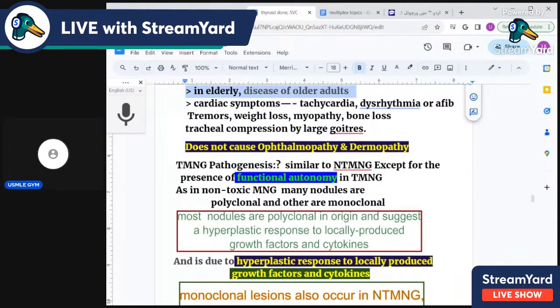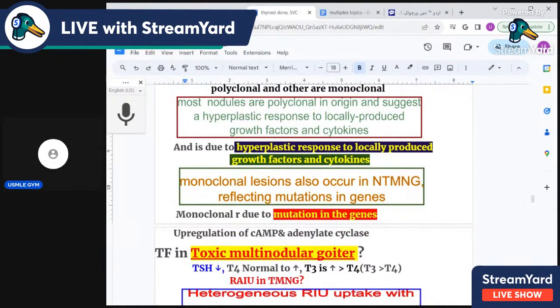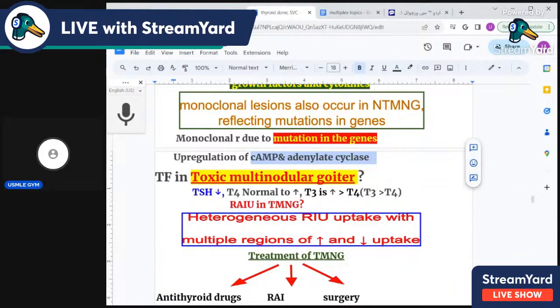It may also be due to monoclonal lesions where there is mutation in the genes that causes upregulation or increased activity of cyclic AMP and adenylate cyclase. Thyroid function in toxic multinodular goiter: decreased TSH because they produce increased T3, T4. T4 is normal to increased, T3 increased because T4 is deiodinated to T3, the physiologically active form of thyroxine.